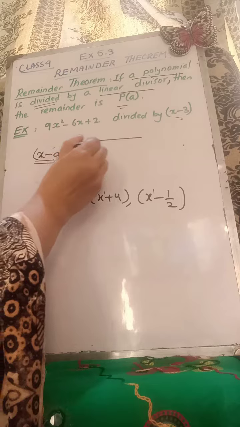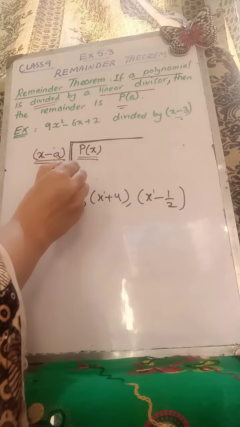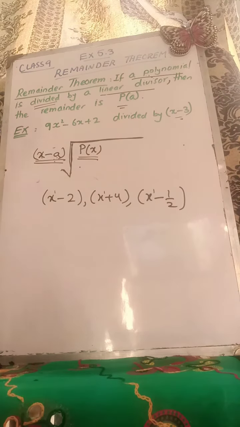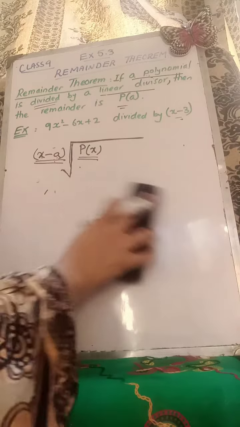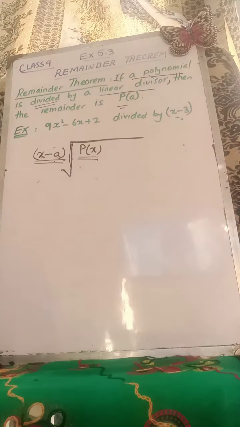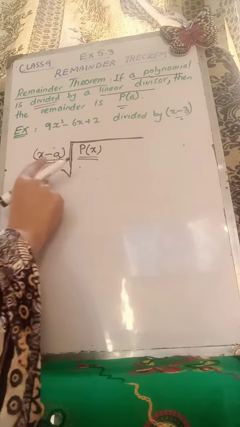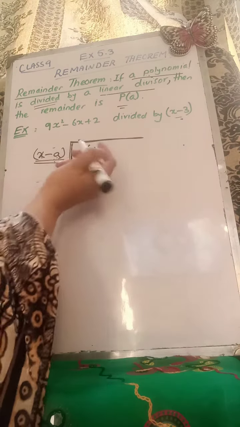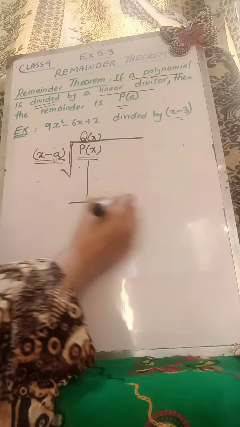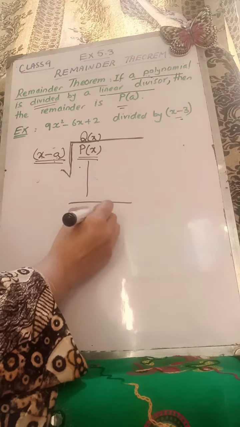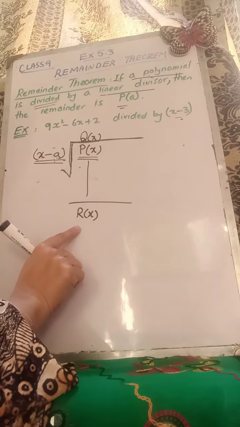We know that whenever a polynomial is divided by some divisor, whether linear or not, we always get a remainder at the end. The remainder may be 0 or it may not be 0. For example, any polynomial when divided by another polynomial, we always get a quotient over here, and we get a remainder at the end. This remainder may or may not be equal to 0.